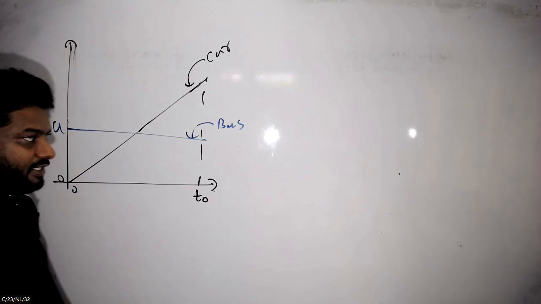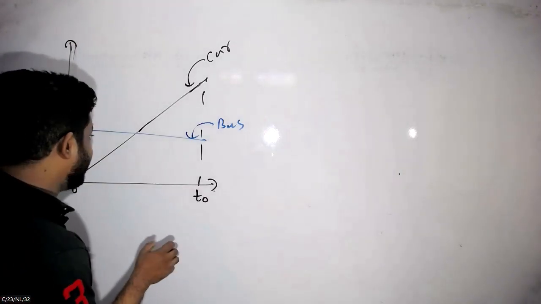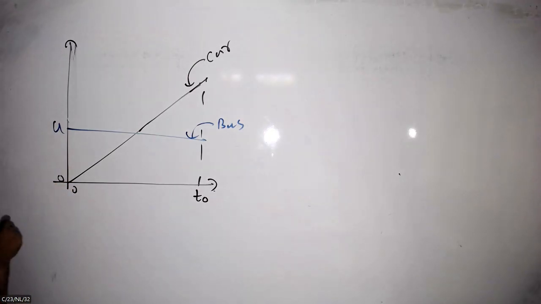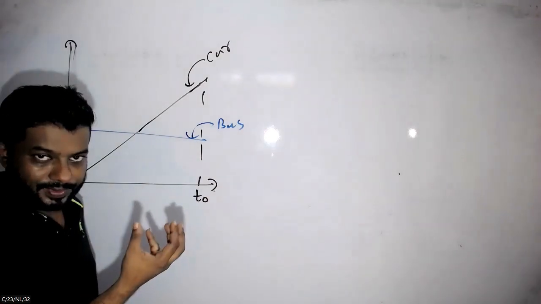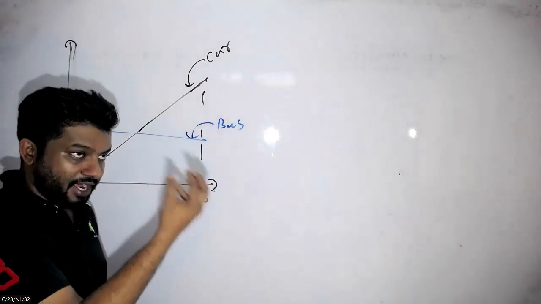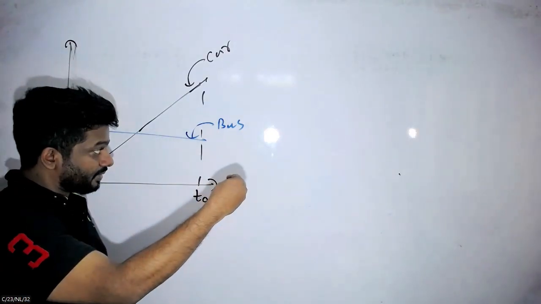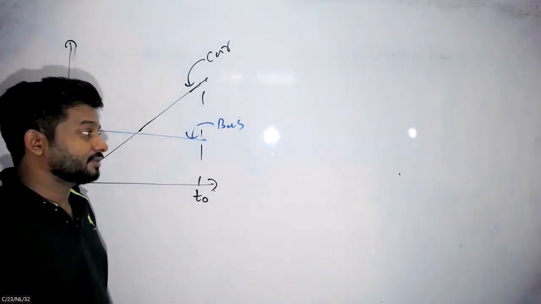Before identifying the answer, you need to identify the motion of the two objects. Here you can observe that at t equals 0, the velocity of the car is 0 and the velocity of the bus is u. That means at the starting point, the bus passes the car. Why? The velocity of the bus is greater than the velocity of the car, no?